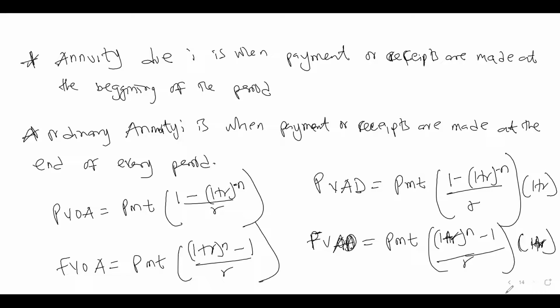So the difference between the due formulas and the ordinary formulas is that you multiply the ordinary formulas by 1 plus r again. Write down the formulas and let me take an example so that you understand it better.